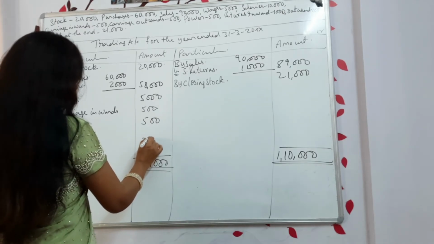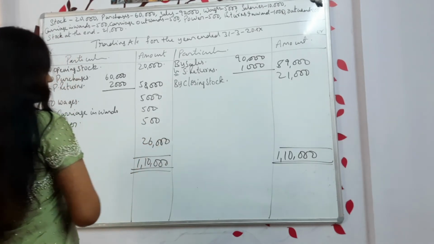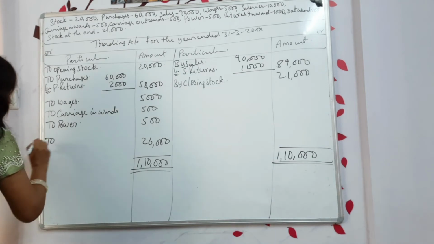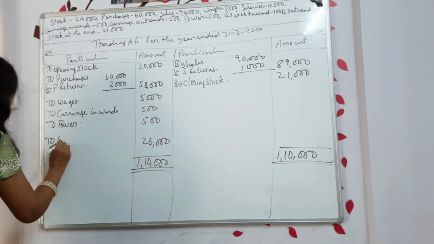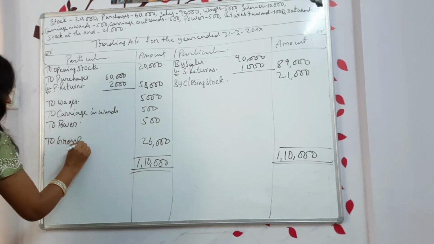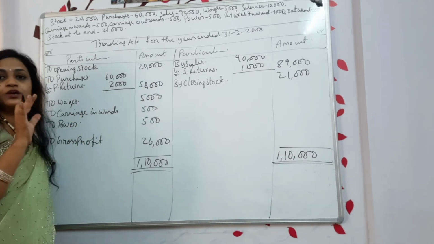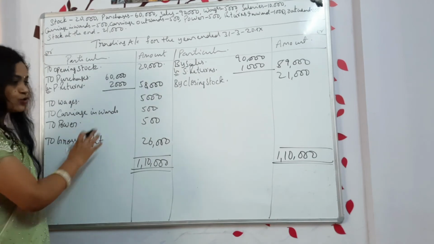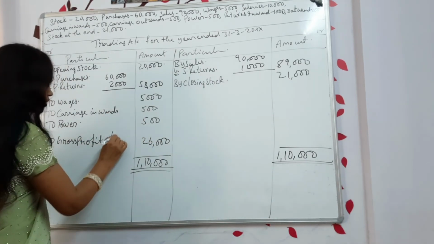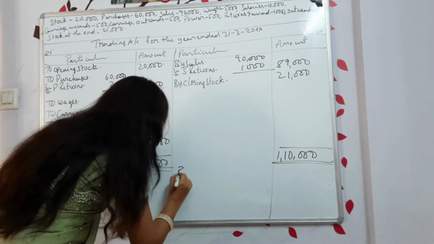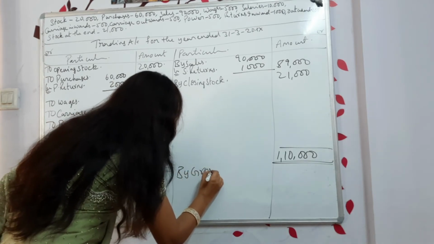I think it is 26,000. Okay, we call it gross profit. This is called gross profit. This gross profit will be brought down to the profit and loss account.